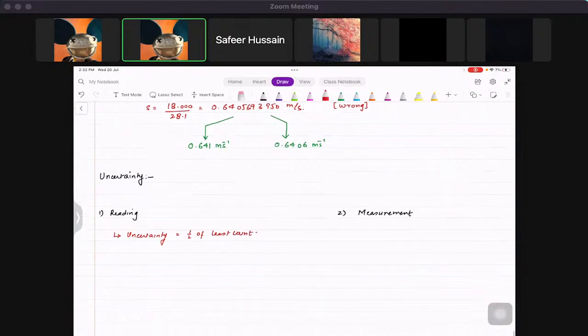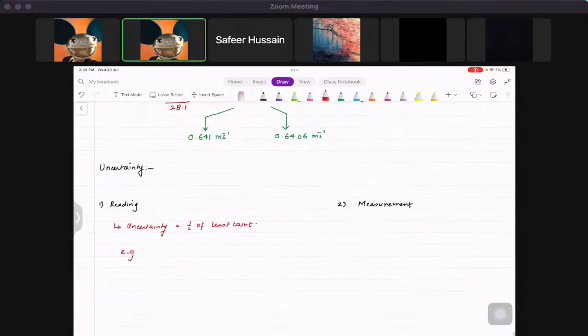For example, for a ruler, the uncertainty would be 0.05 centimeter, because the least count of a ruler is 0.1 centimeter. Is it clear?